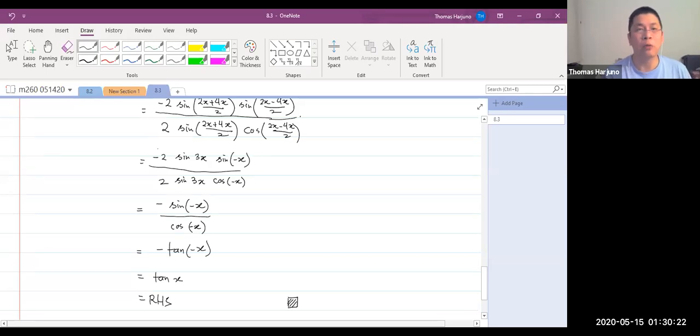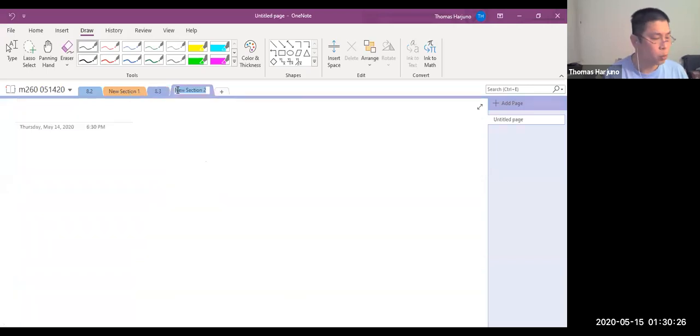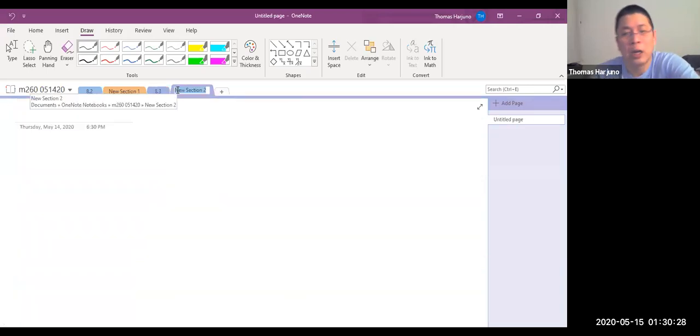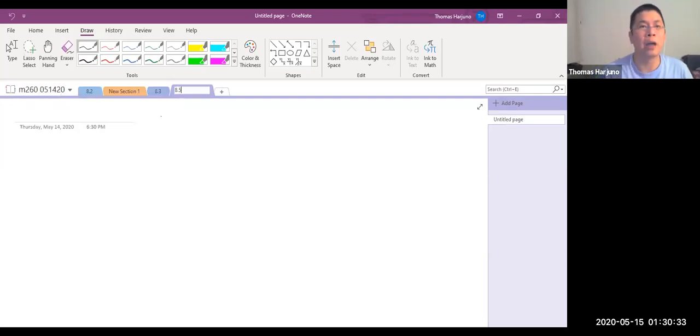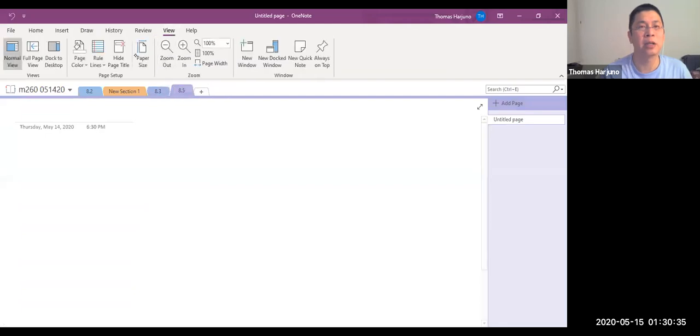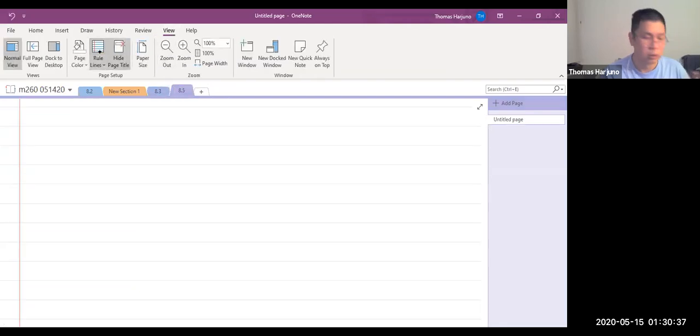Now, I was thinking actually to go over to 8.4, which is solving equations. Then I looked at the material, and you know what? They basically combine 3 sections in trigonometry into one, and I think it's too heavy for me to finish in half an hour. So I will jump to 8.5.